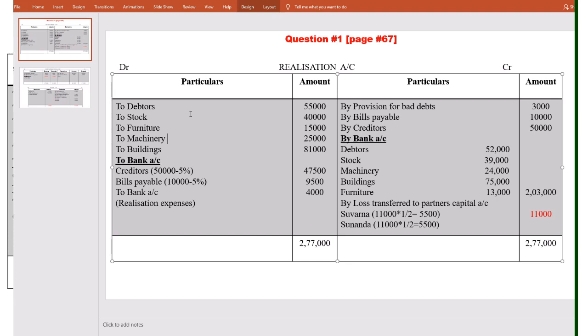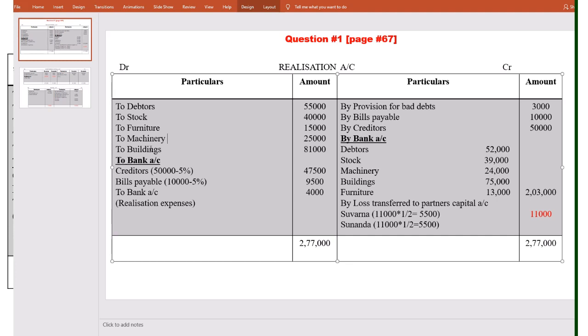Now getting into the problem, this is the realization account, debit side and credit side. First, on the debit side, I am taking all the assets and putting them into the debit side. Just look at your question.